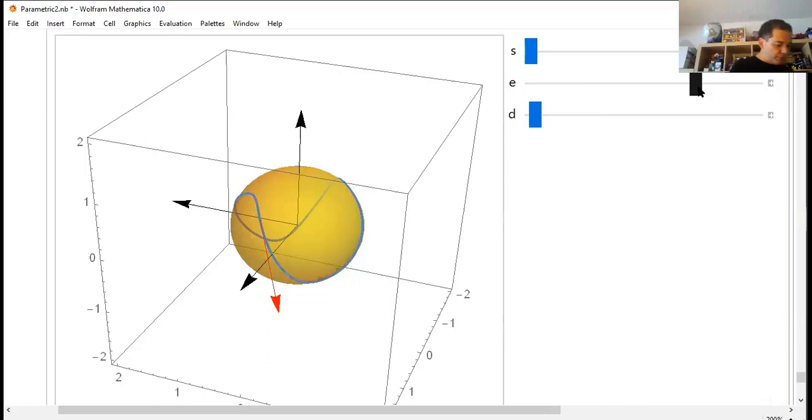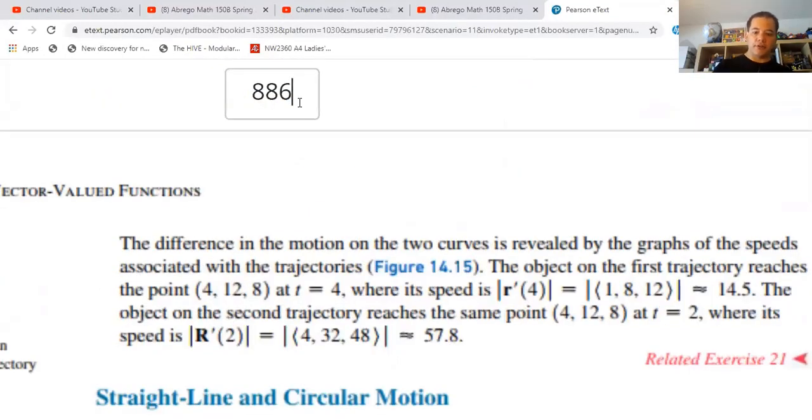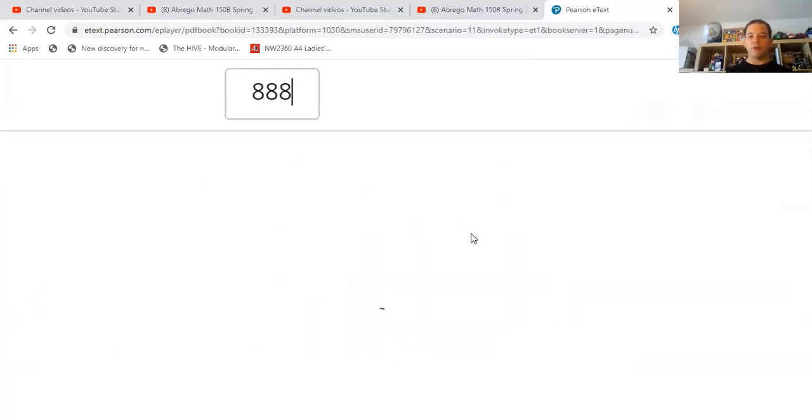All right, so to finish it off, we're going to do one more problem, and this will involve now acceleration in terms of the acceleration due to gravity. I'm not going to do it in all its generality like it's done in the book.